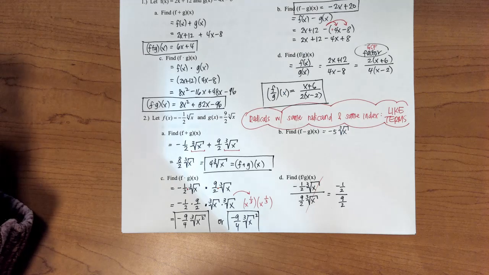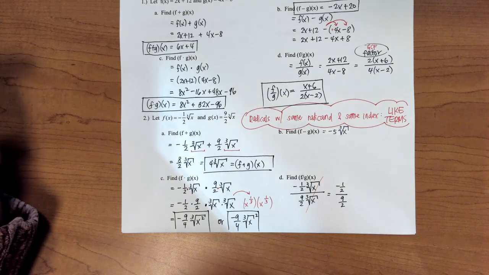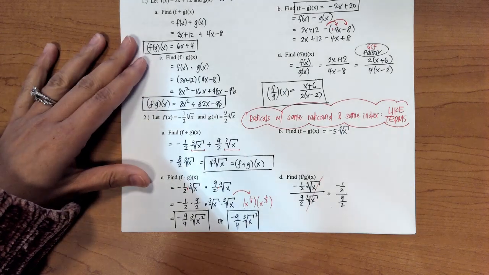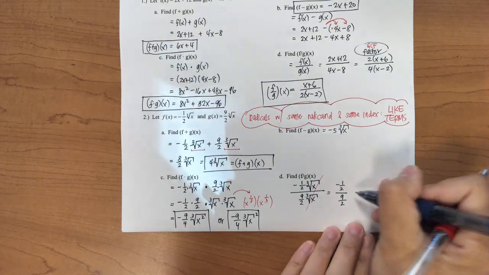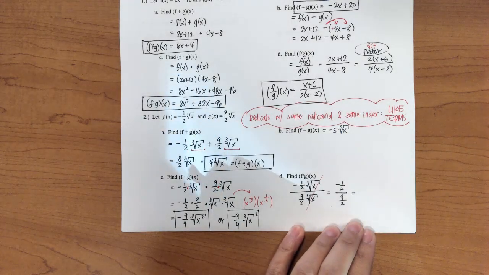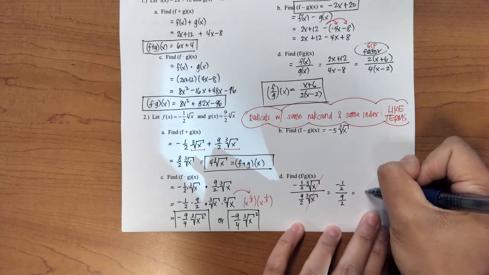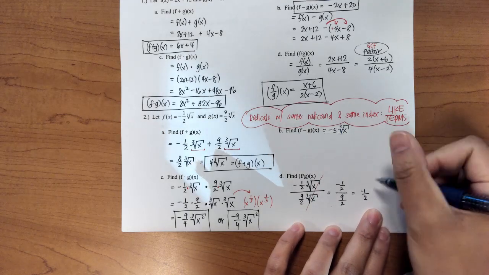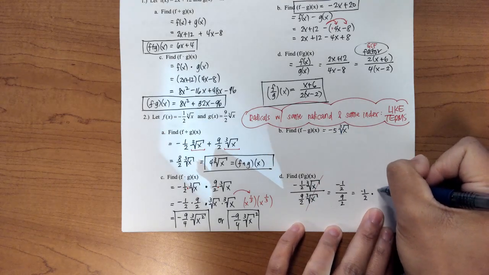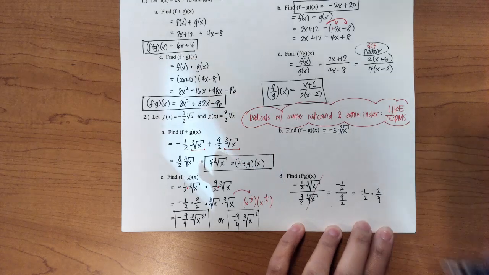This double fraction is just dividing fractions, right? And when we divide fractions, there's two ways to think of this. If you can memorize it, great. Hopefully some of you guys will remember that you just flip it and then you multiply by 2/9.